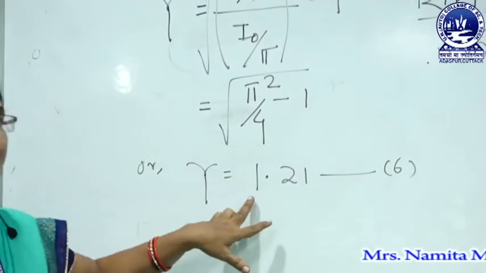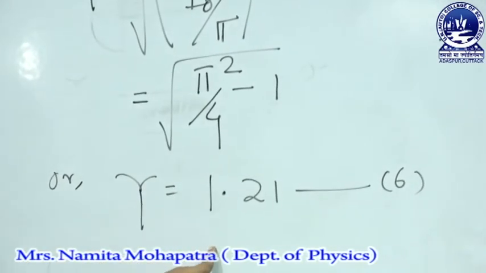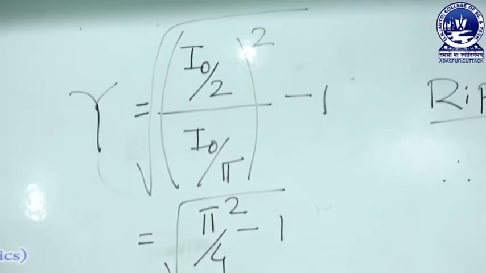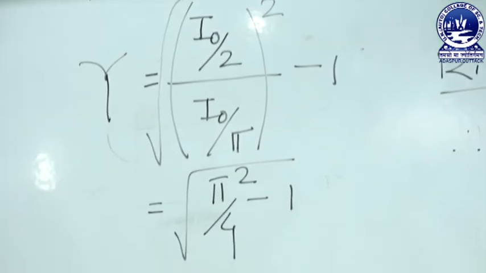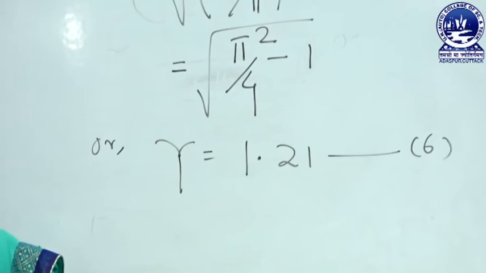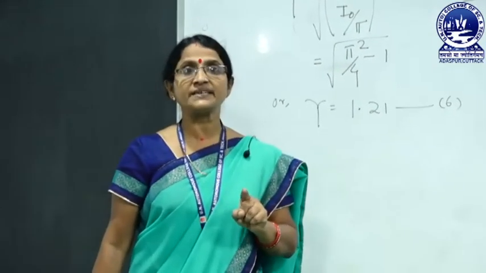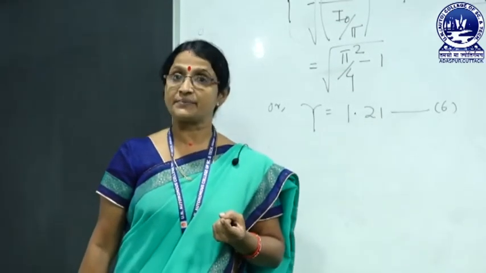So this shows that gamma is greater than 1. The ripple is greater than 1. This shows that the effective value of the AC component exceeds the DC value of the output. Thus, we see that the half wave rectifier is not a suitable device for obtaining pure DC or better rectification.